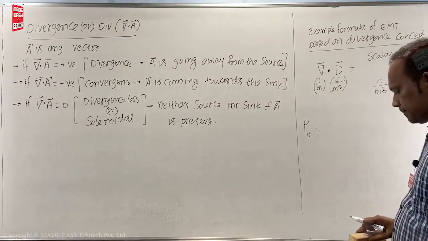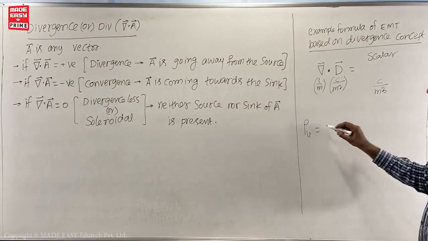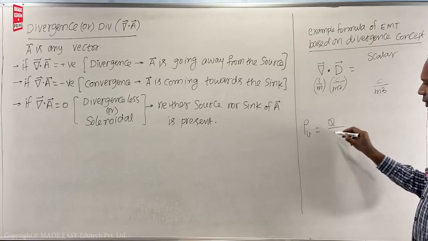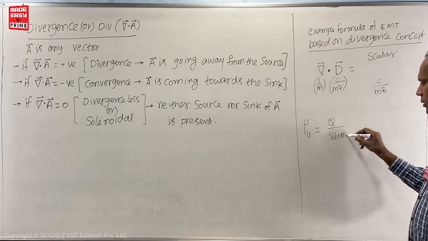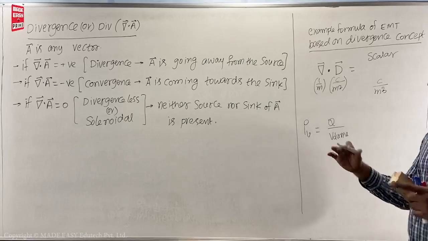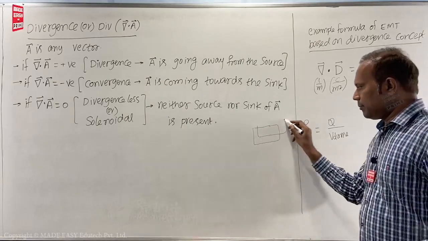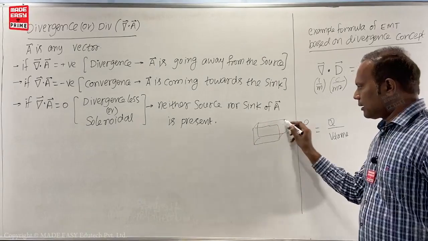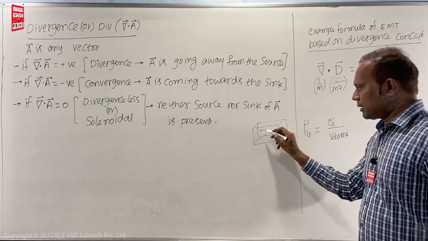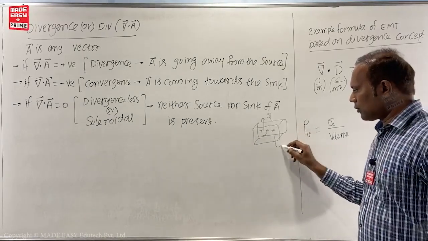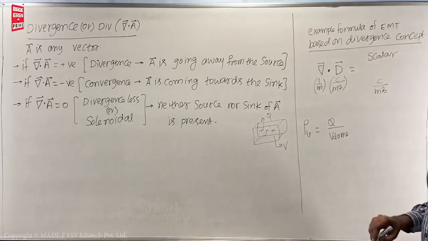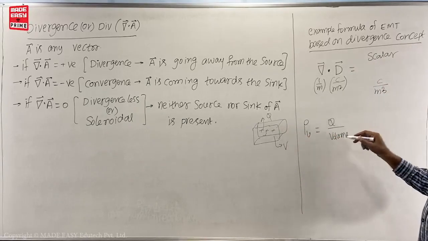This is defined as the total charge by total volume. This is one definition. If charge is there like this, a big volume is there, then everywhere charge is there, total charge is Q, total volume is V, then volume charge density is defined as total charge by total volume.